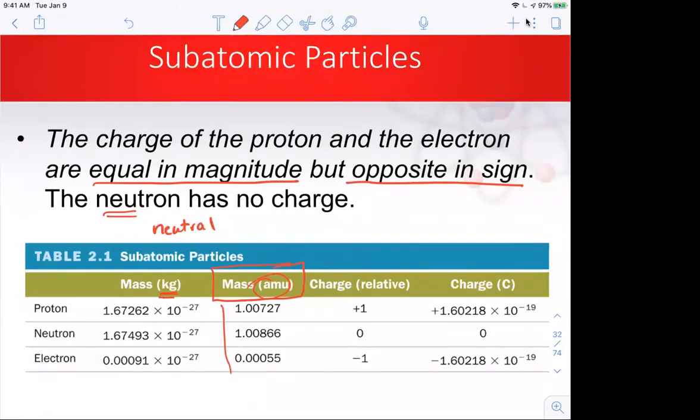This is the part that we're going to be focused on more than any of these kilogram masses. Notice the proton is +1, the neutron is neutral, and then the electron is -1. And again, the charge on the proton and the charge on the electron are equal in magnitude, opposite in sign.